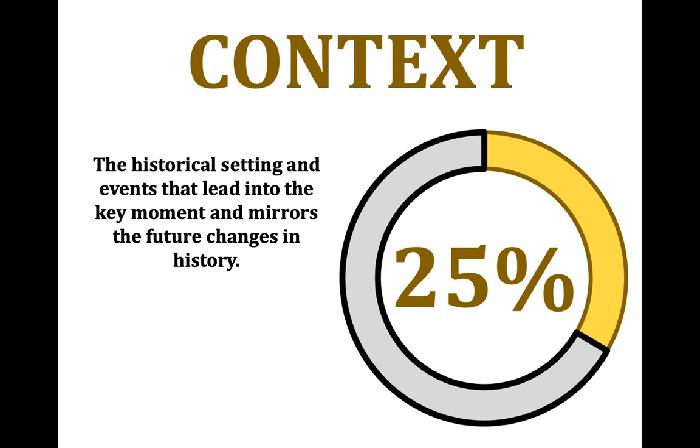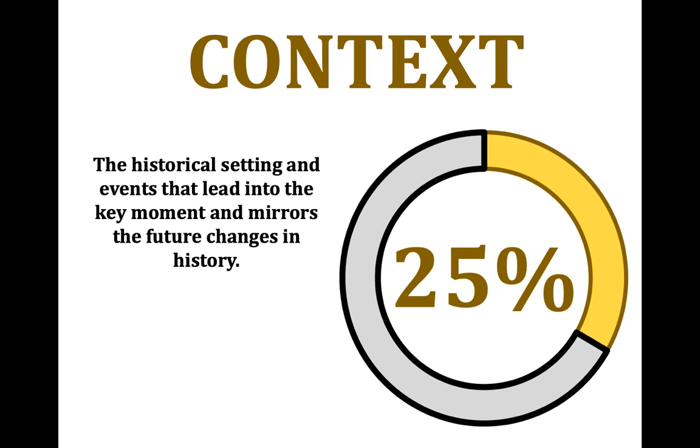It's the events that lead into the key moments that help us better understand how the stage was set for this main event to happen, and what were some of the most important trends going on in society that will help us to better understand what eventually goes on to change in history. Without context, we don't understand why the world was the way it was before your main event, and we can't know that those things are changing as soon as you introduce your consequences.